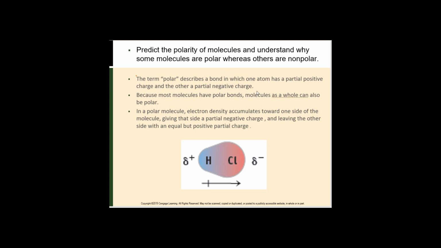Because most molecules have polar bonds, molecules as a whole can also be polar. In a polar molecule, electron density accumulates toward one side of the molecule, giving that side a partial negative charge and leaving the other side with an equal but positive partial charge.